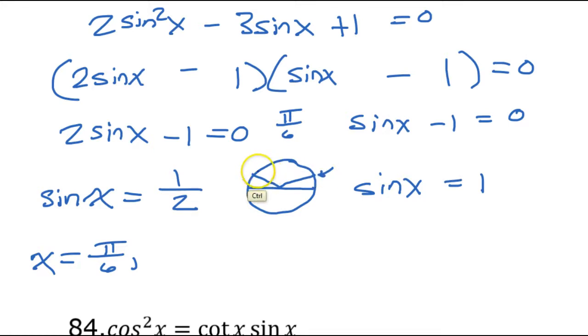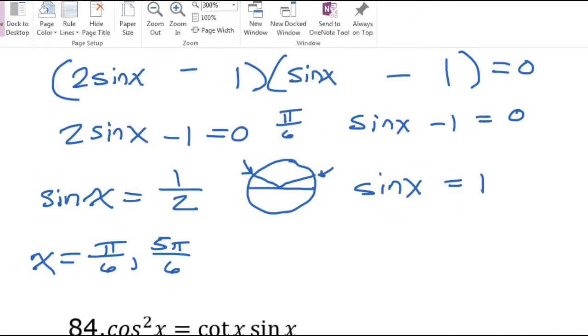Now, in the second quadrant, if I went all the way to pi, that would be the same thing as 6 pi over 6. So this is 1 short, so that's going to be 5 pi over 6 right here. Okay, now, what about the sine of x equaling 1?